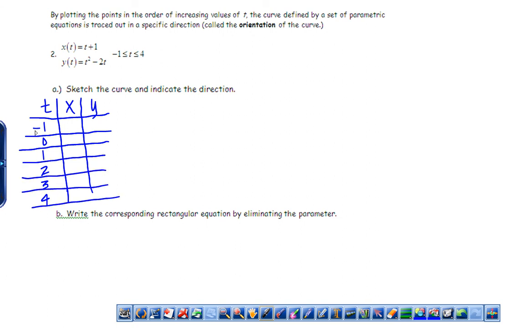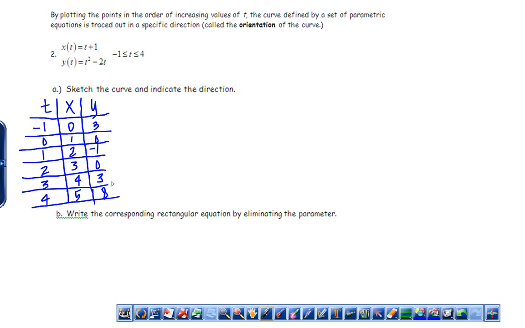If you plug in negative 1 to your x value, you're going to get 0, 1, 2, 3, 4, and 5. I'm now going to plug these t values into my y equation to get my y values. And I get 3, 0, negative 1, 0, 3, and 8.